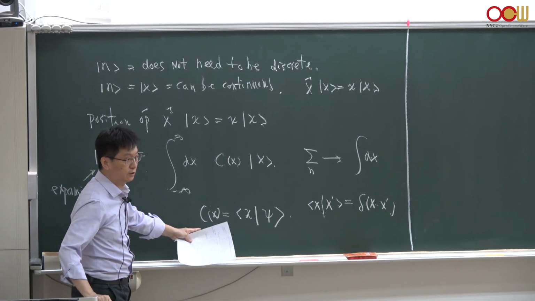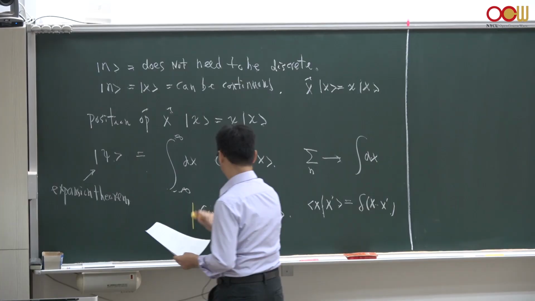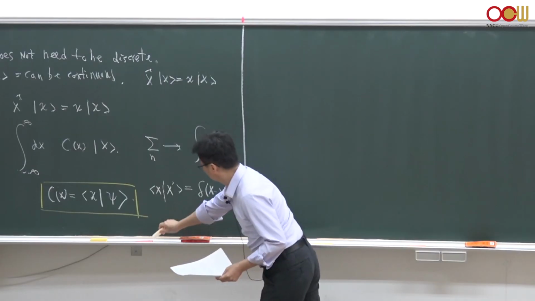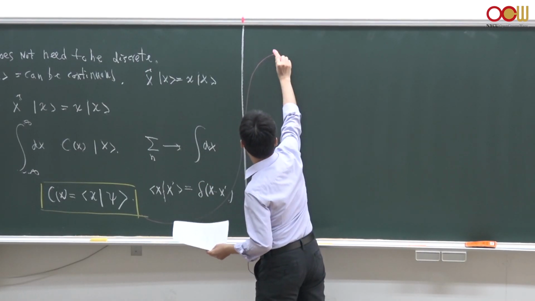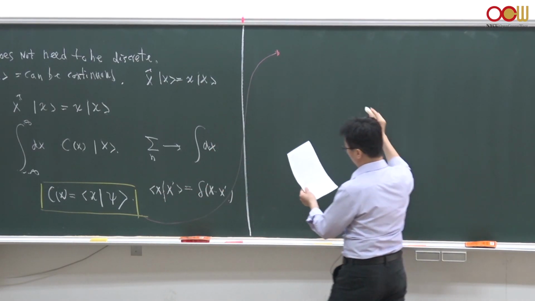Okay, so let's just look at this interpretation of this coefficient C of x. You could use the same way to understand the square of this coefficient.